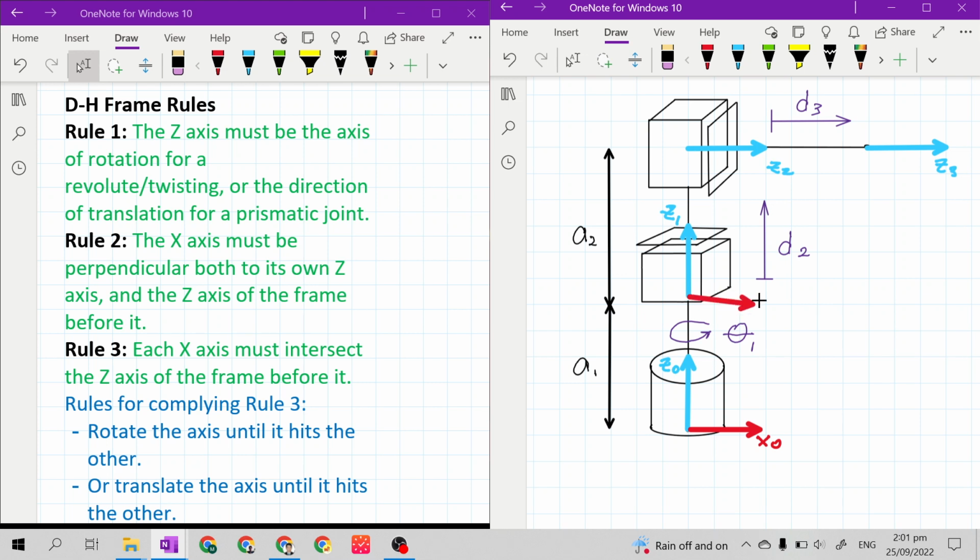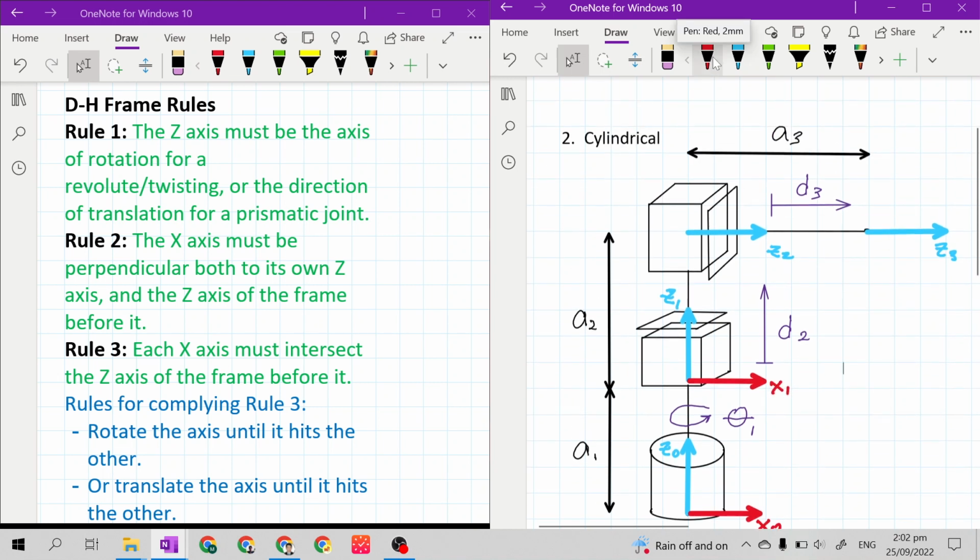Based on experience, it is easier to compute this for our next lesson if the x-axes are in the same row, or facing each other. So I will also point this to the right, and I will label it as x sub 1.